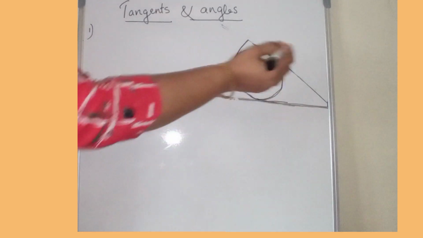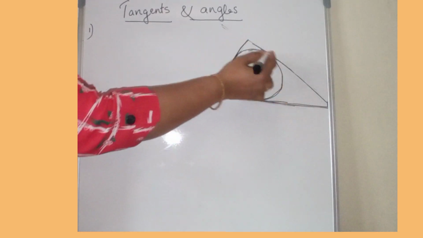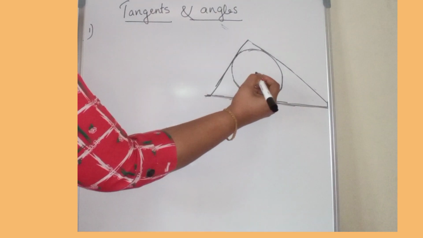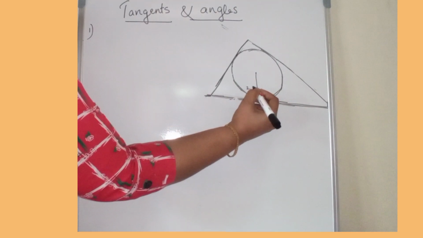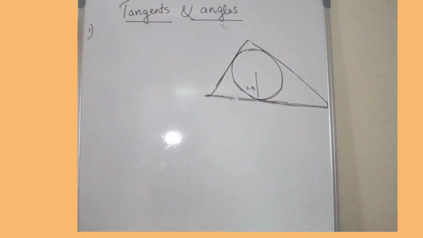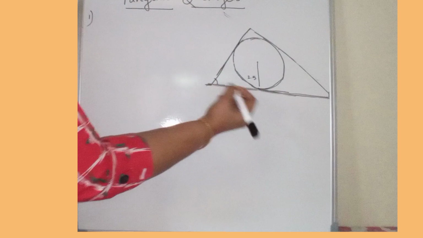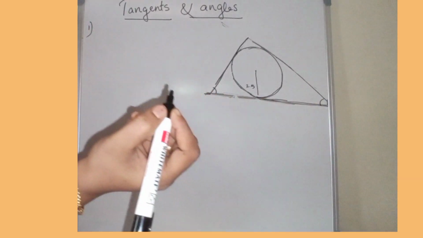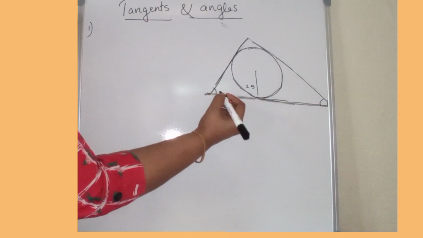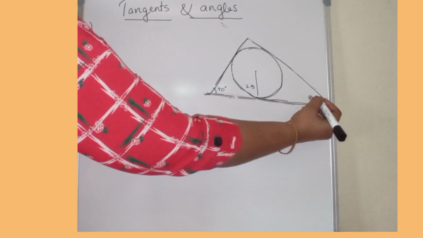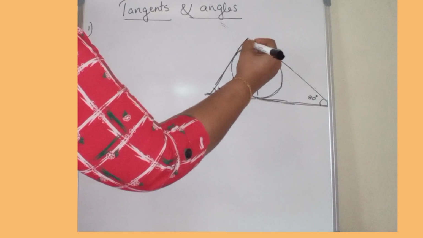We are going to draw this figure, that is, a circle of radius 2.5 centimeters and a triangle of angles 40, 60, 80 with all its sides touching the circle. That is, the angles of this triangle should be 40, 60 and 80. This angle is 40, this one is 80 and this one is 60.